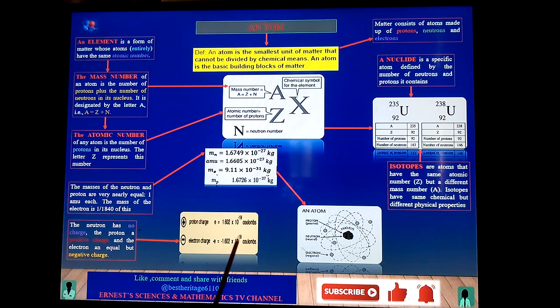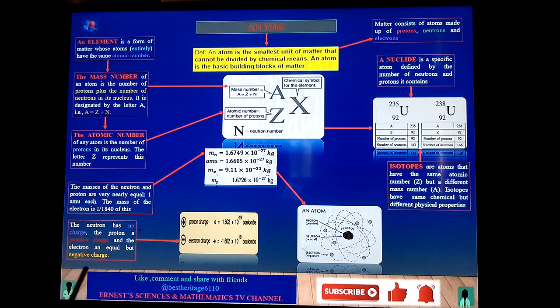These are almost the same in magnitude and are opposite charges. So we expect the protons and the electrons to experience attractive forces, which cause stability in the atomic structure we defined, and therefore keep the electrons and the protons in place.